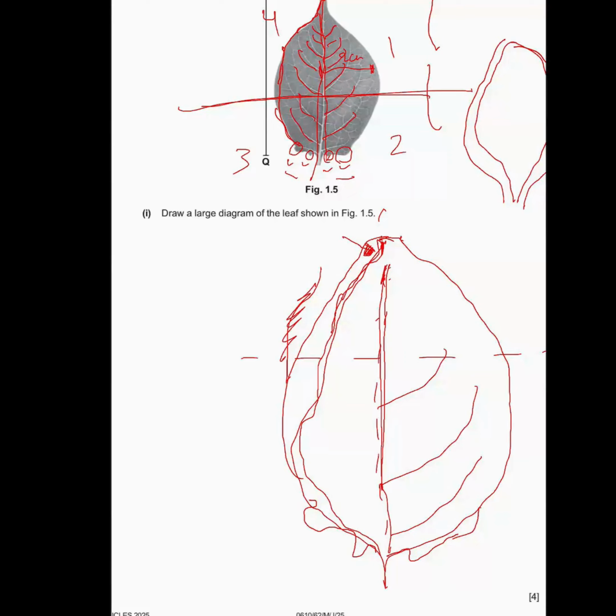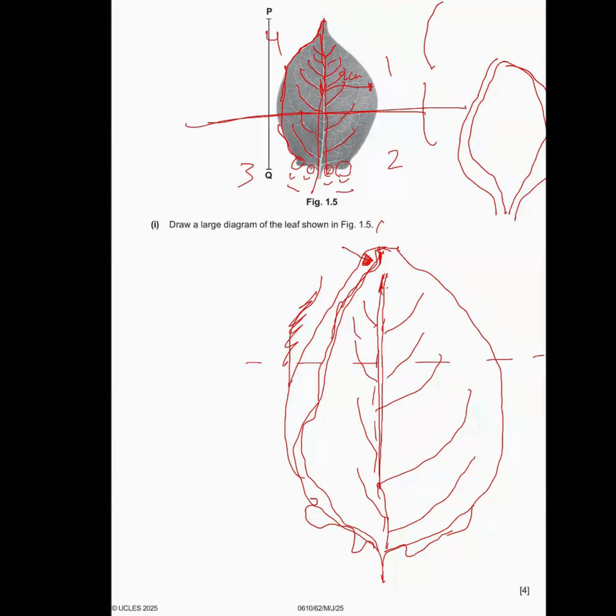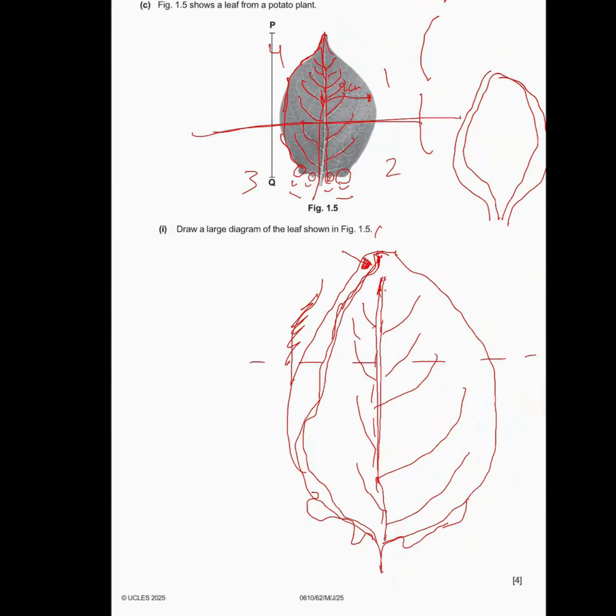So you start drawing the leaf as they are shown in the proportion. Then you make sure that the leaf side is smooth. Don't do it like this. No, it's not jagged.